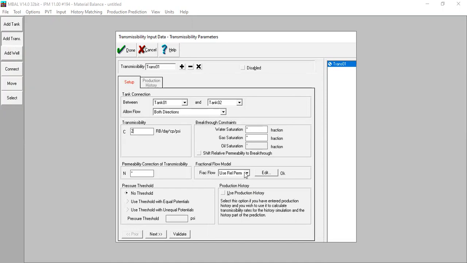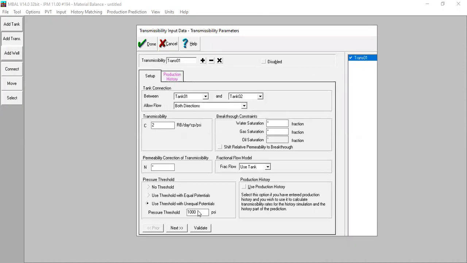And then for the fractional flow model, I will use tank. I will use the data available in the tank, the relative permeability, and then threshold. I will use this one, 1000 psi. Okay, what does pressure threshold mean? The pressure threshold is the pressure drop that needs to be reached before tank 2 supports tank 1.